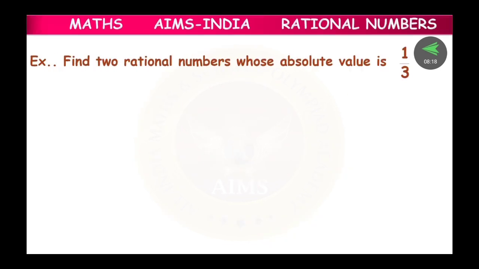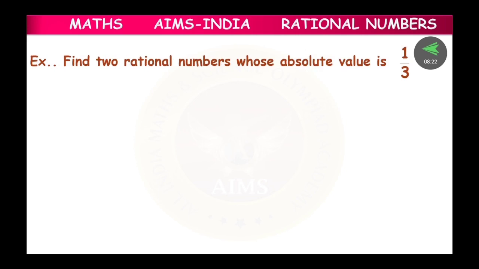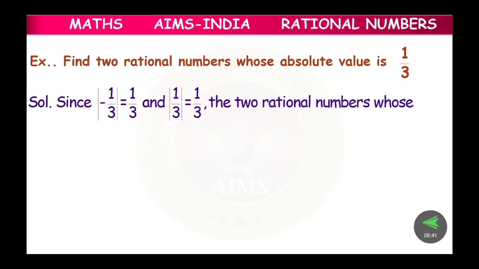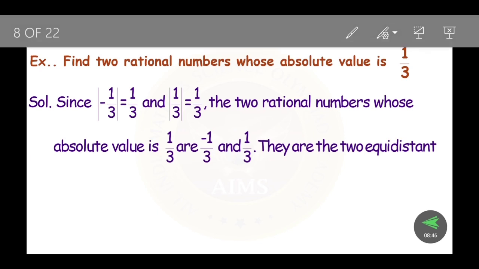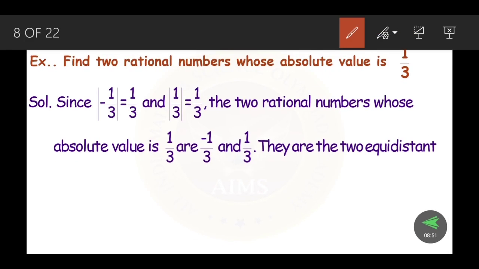Okay children. Here the question is to find two rational numbers whose absolute value is 1 by 3. So the absolute value should be 1 by 3.